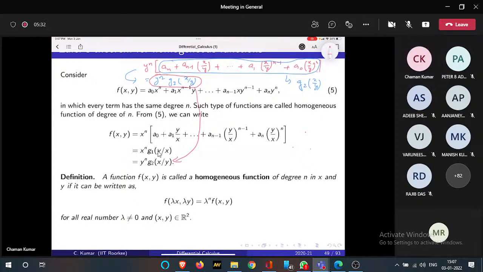Okay, so when you take x raised to n outside, you get x raised to n g1, a function of y by x, and if you take y raised to n outside, then you get y raised to n into g2, which is a function of x by y.